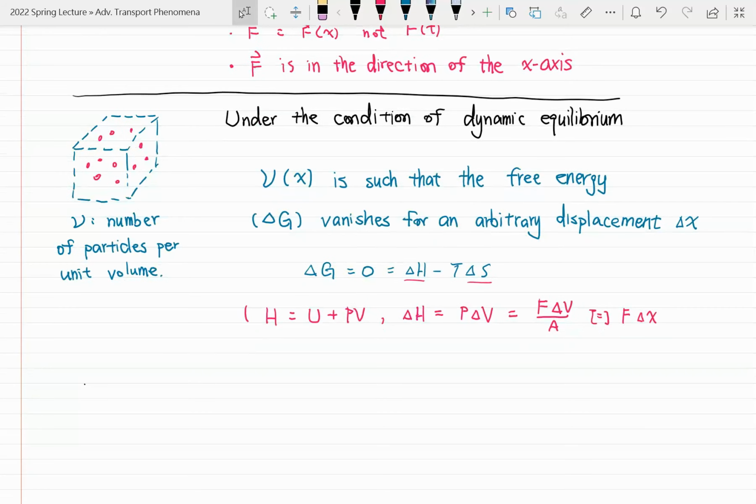And so let's assume that we have a control volume like this. And we define X equals 0 here and X equals L. And this would be our unit area.